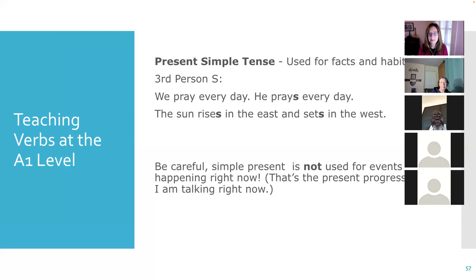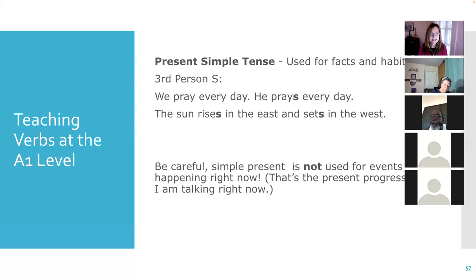It's one of the most common verbs in English, and it's a little bit tricky for many students, especially because there's something called the third person singular S. So that means that if the subject of the sentence is he or she or it, if it's a singular subject that refers to one person or one thing, we put an S at the end of the verb in the present simple.